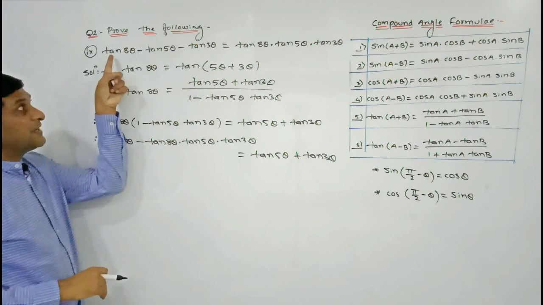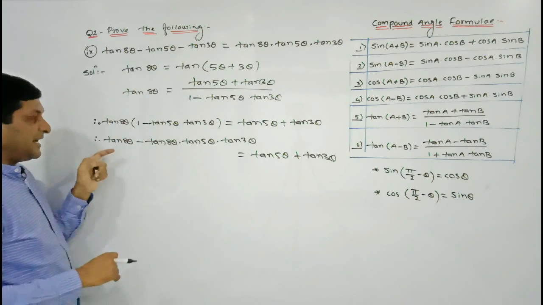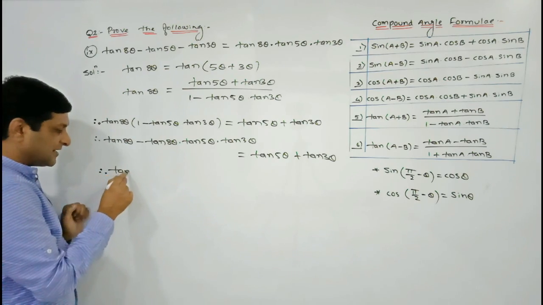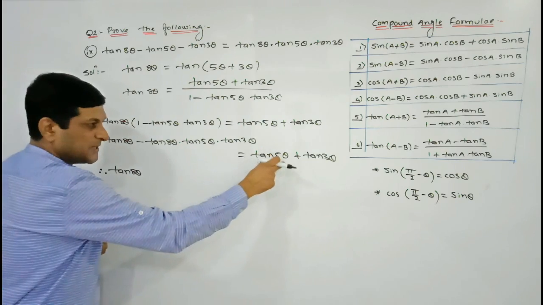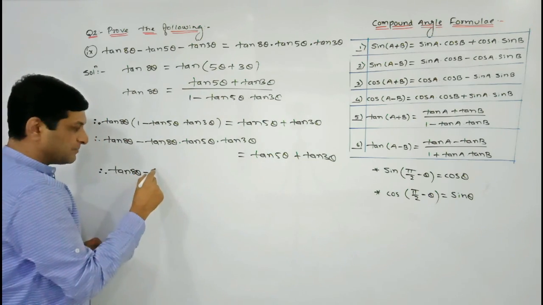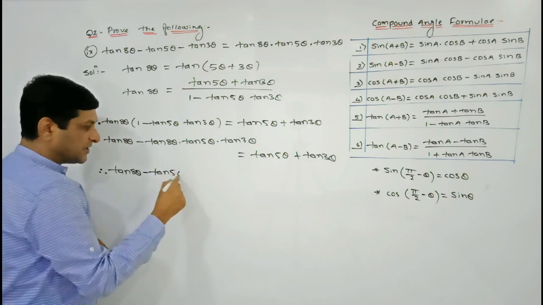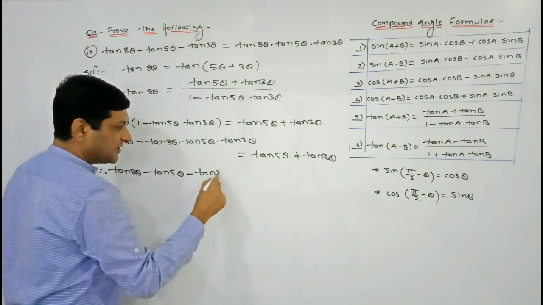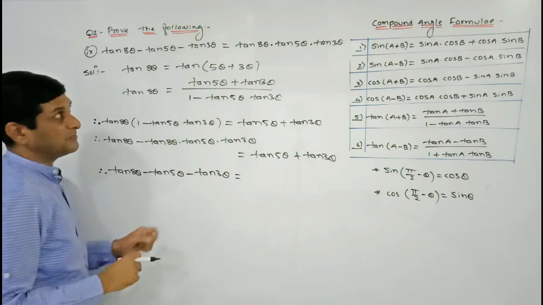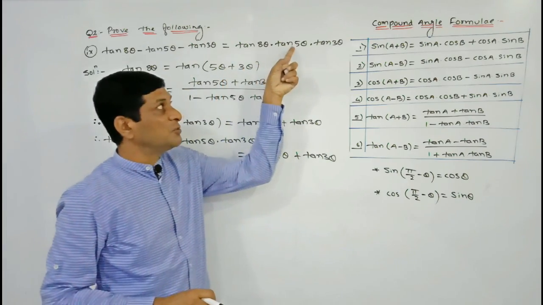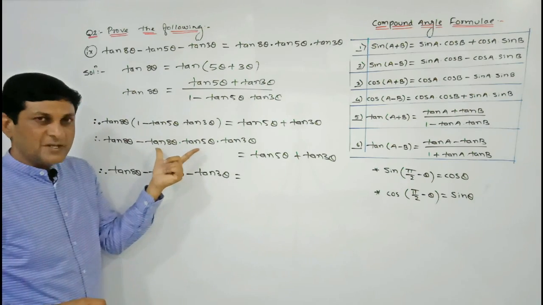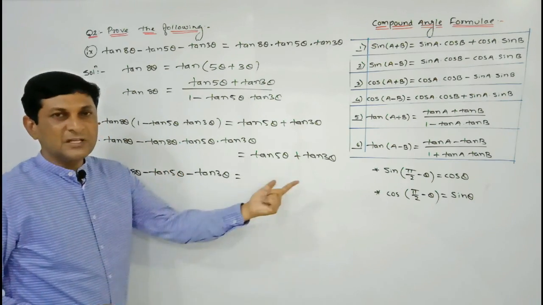Now in our required result, the first term is tan 8θ, so keep this tan 8θ as it is. This plus term on this side will become minus tan 5θ. Again this plus term will become minus tan 3θ, and on the right hand side the required term is tan 8θ into tan 5θ into tan 3θ. We already have this term here, we just have to shift it to the other side.